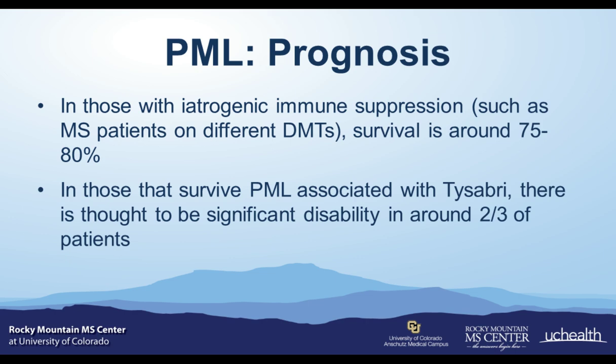In those that survive the PML associated with the medication Tysabri in particular, which is the medication that we use in MS that has the highest rates of PML, there is thought to be significant disability in those that survive, around 2/3 of patients. So it's certainly something that is very important for us to recognize and think about when we're deciding on treatments and monitoring treatments.